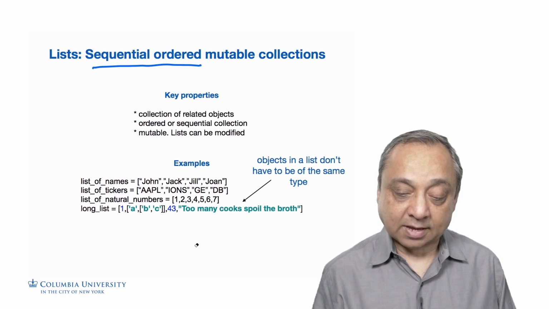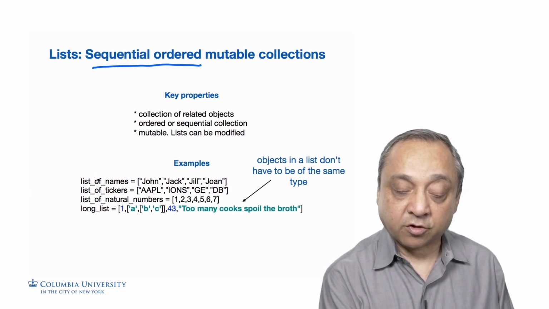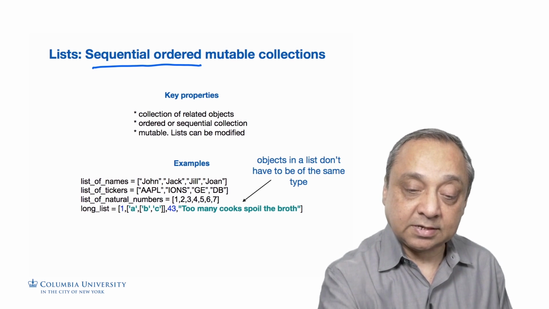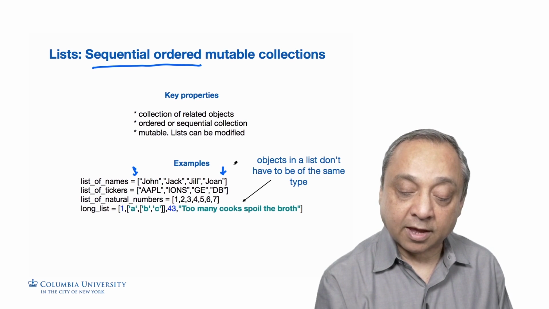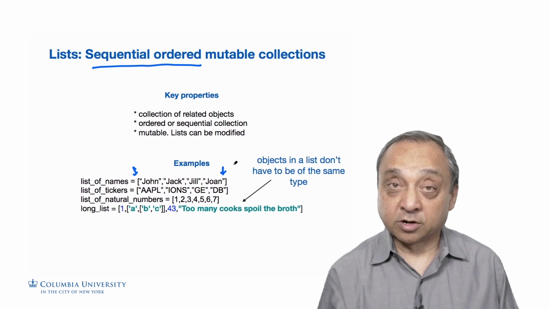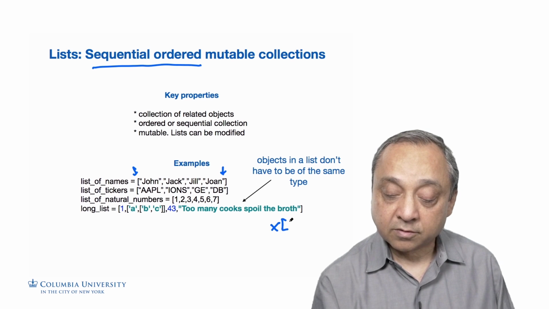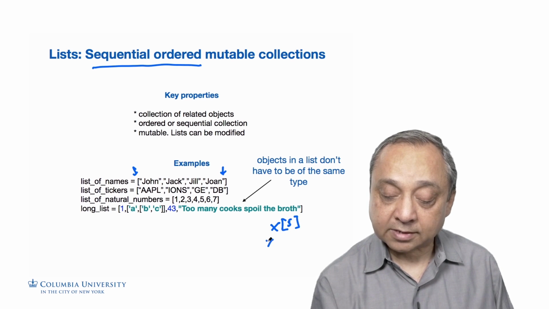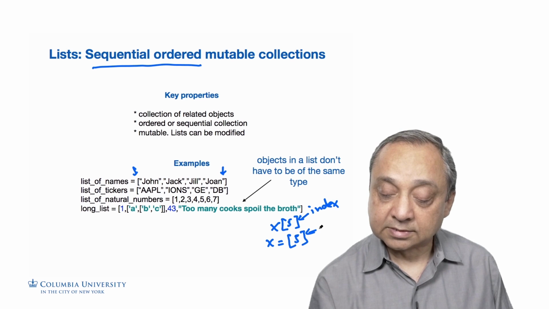Let's take a look at some examples. So we have here a list, and the way Python recognizes a list is if it sees a square bracket at the beginning and the end of something. The moment it sees a square bracket, it says, hey, that's a list, as long as it's not an indexing operator. So the difference between x[5] and x = [5] is that in the first case, this is an index, and in the second, this is a list.